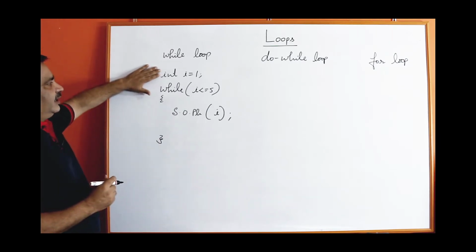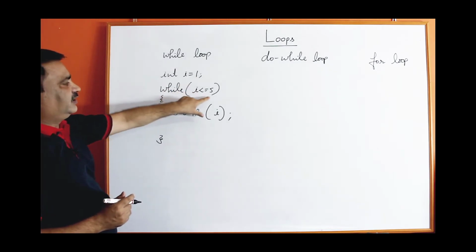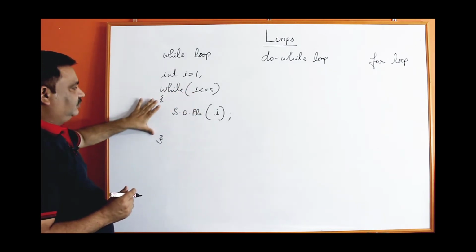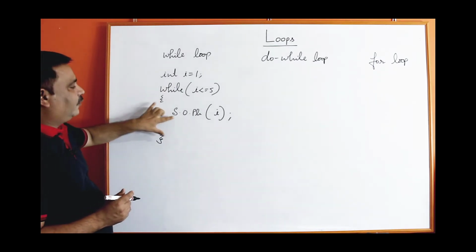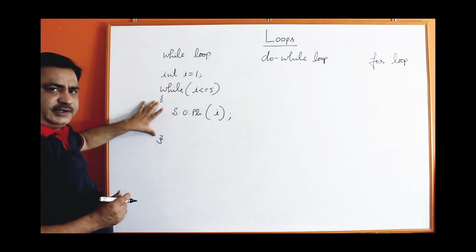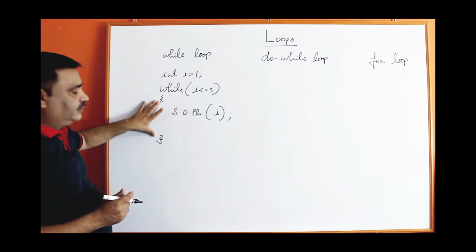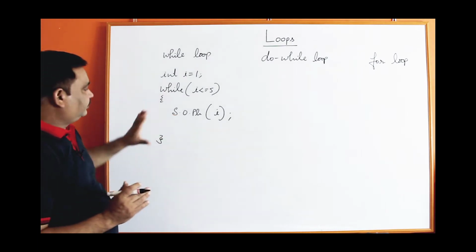So here I have taken int I equal to 1. Condition is I is less than equal to 5 and this is the block. In this block we can write any number of instructions. I have written one instruction. For one instruction these brackets are not required, but better to use brackets. You can also write more than one instruction, then brackets are must.